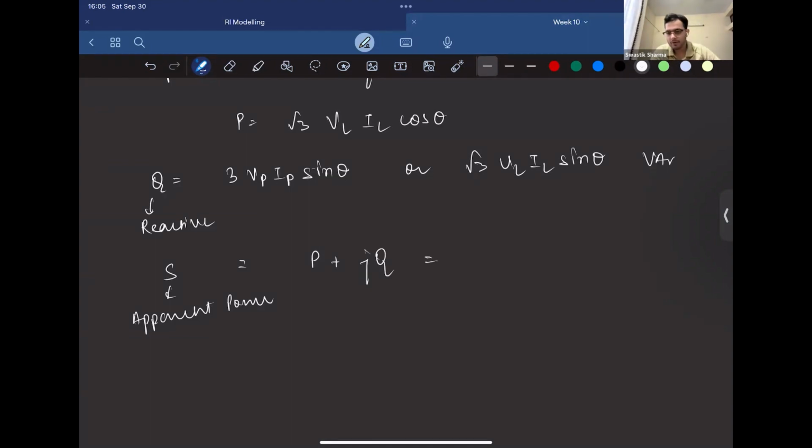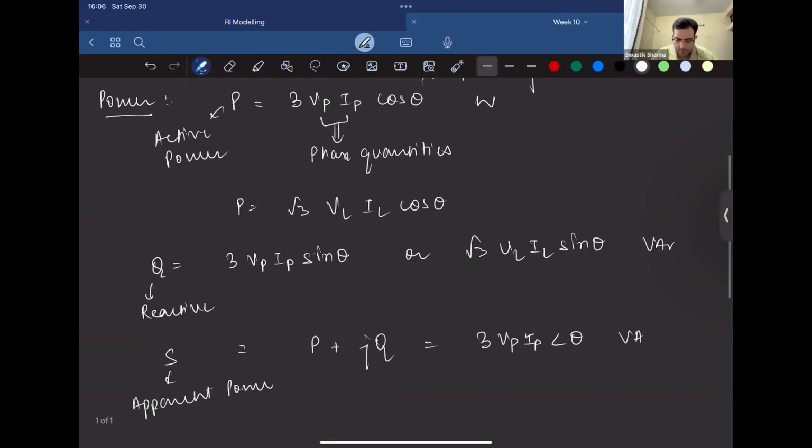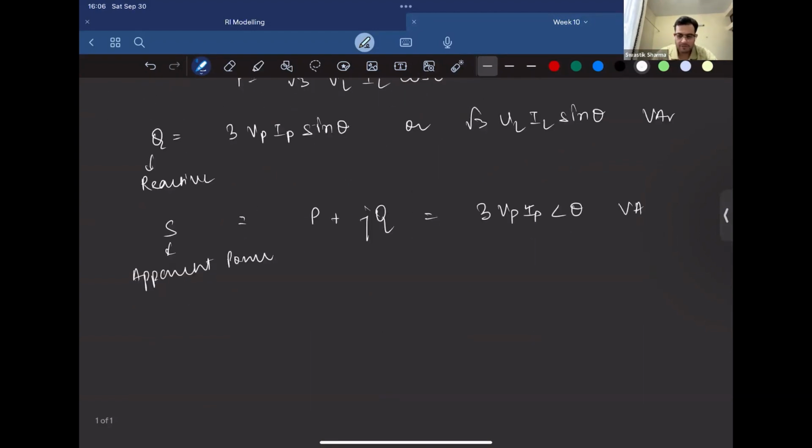I've already told you how the power triangle looks, and where all of these individual quantities stand. So that's how they're written, and it could be written as 3 Vp Ip angle theta, right? It's a phasor quantity, and it's given in terms of volt-amperes. So that's how power is usually measured for a three-phase circuit.